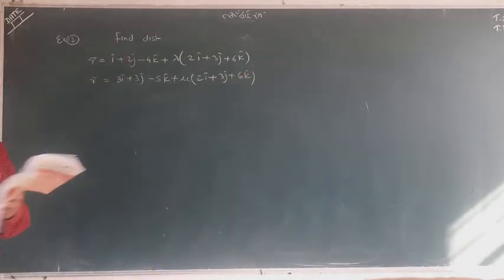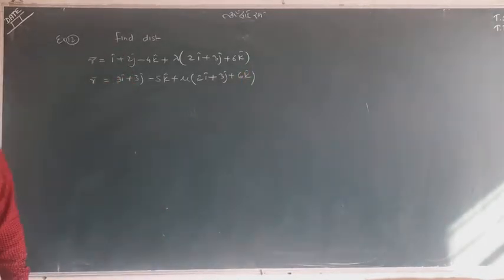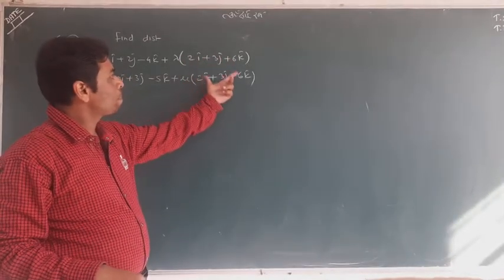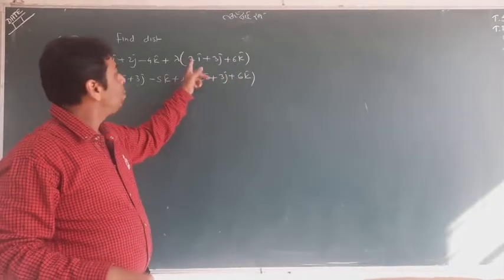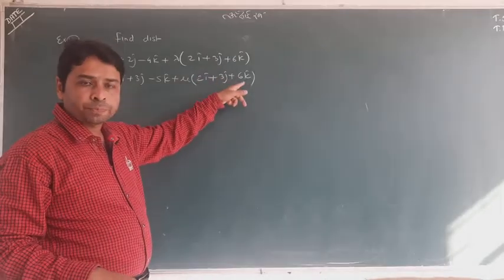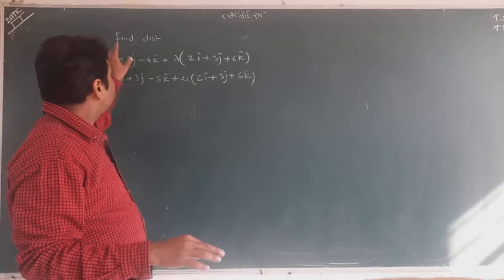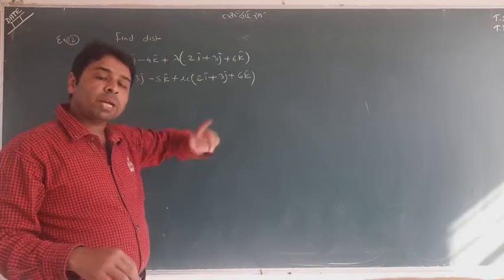We have got both the lines. One thing I especially want to tell you: can you see these two are equal? That's why we can say maybe equal, maybe proportional. So the lines are parallel. We don't have to check. And find the distance.